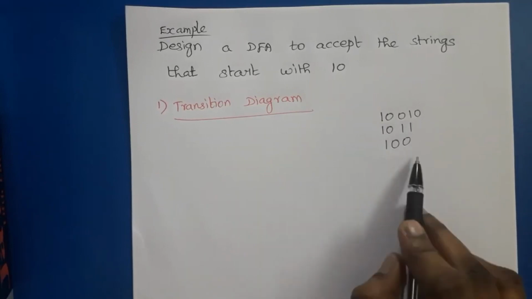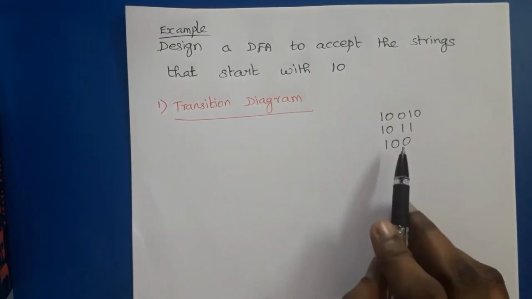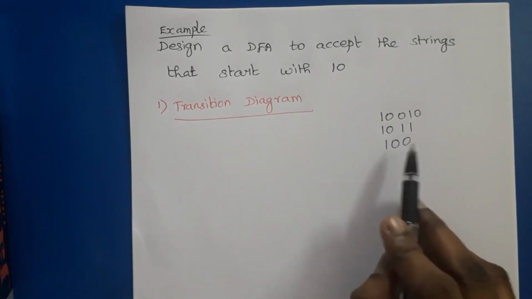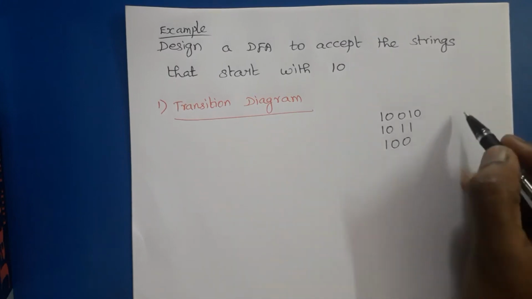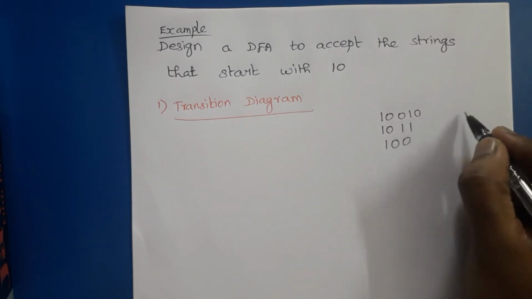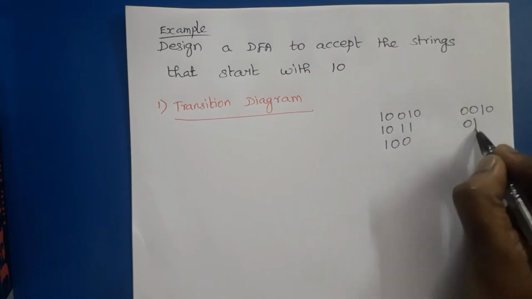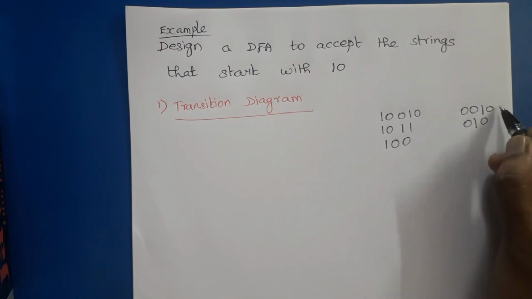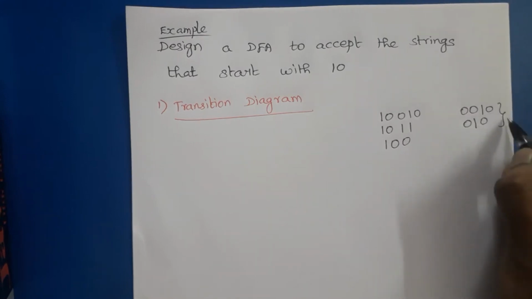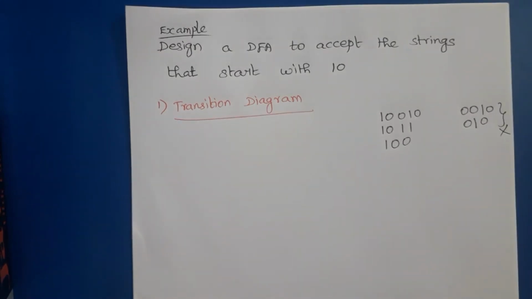So these are all the correct input strings. These strings must be accepted by our DFA. Suppose the strings start with 0010, 010. These are the strings that should be rejected by our DFA.